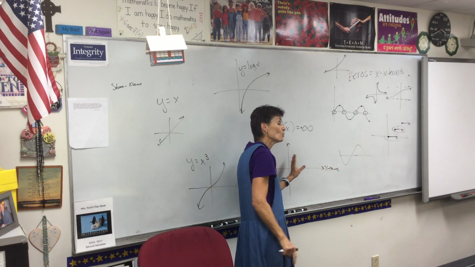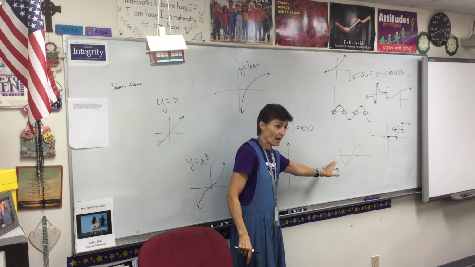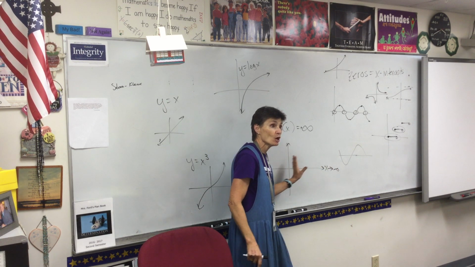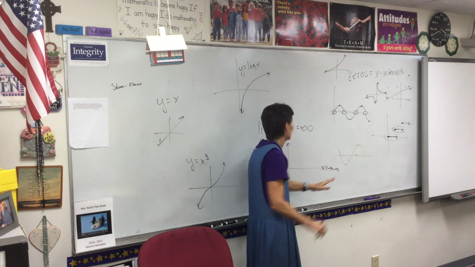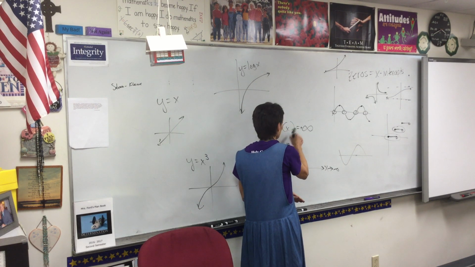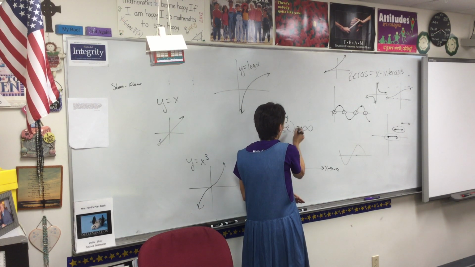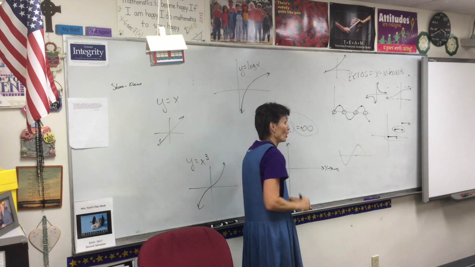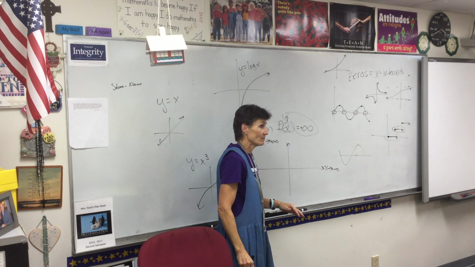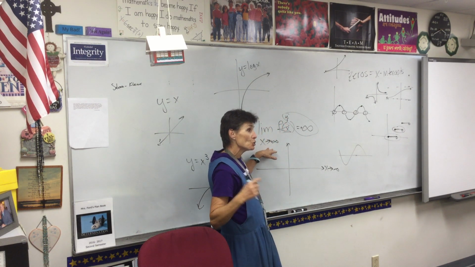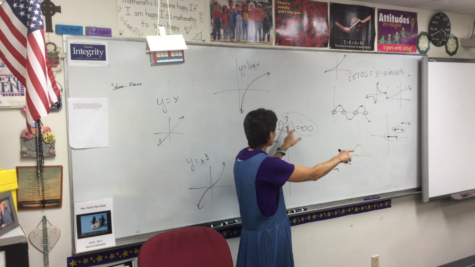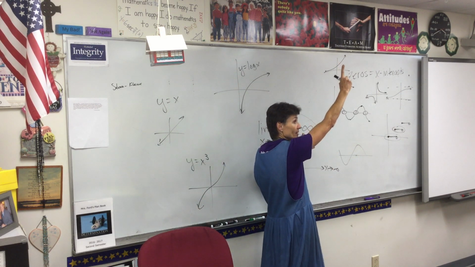So as you go right on the graph, as x goes to positive infinity, this is just another letter for y, right? Y also goes to positive infinity, which means as you go right, you are going up.